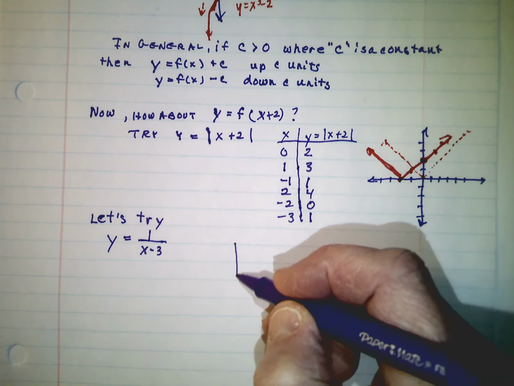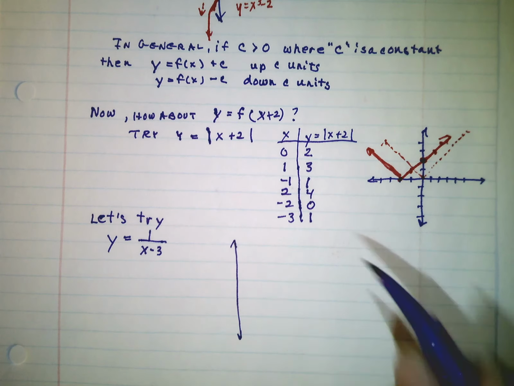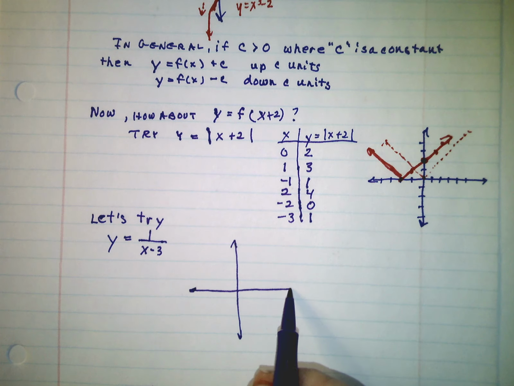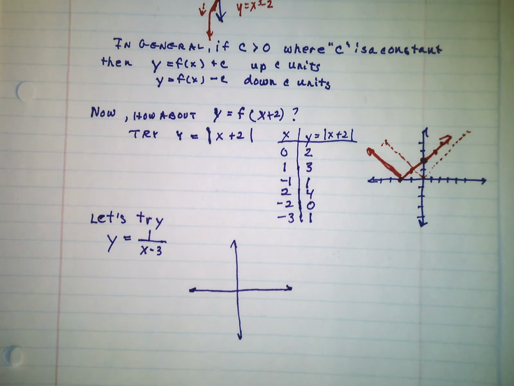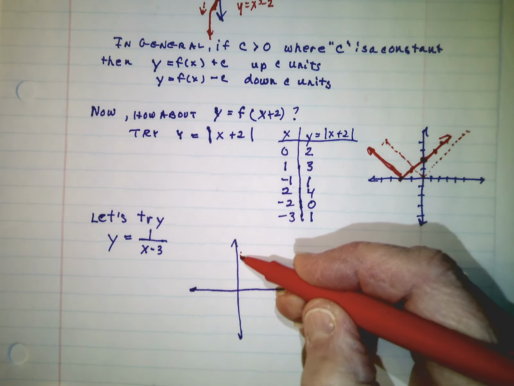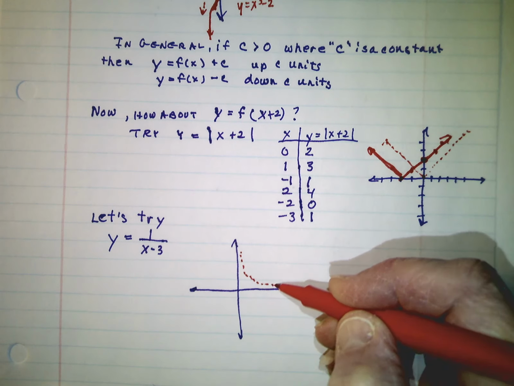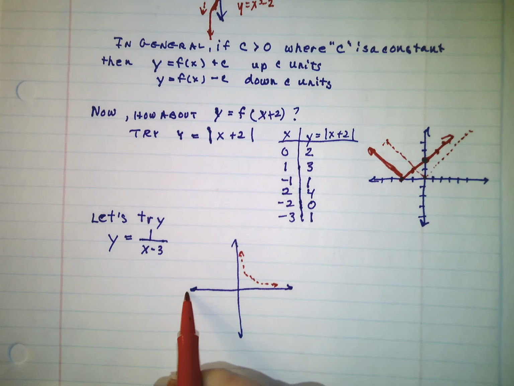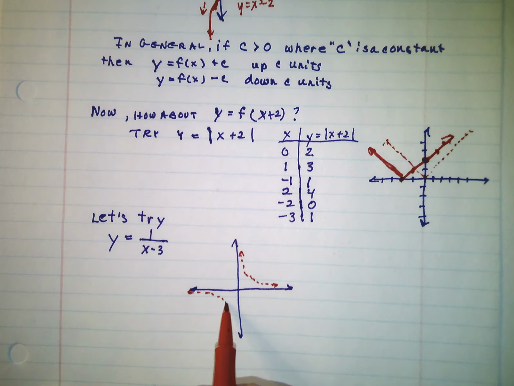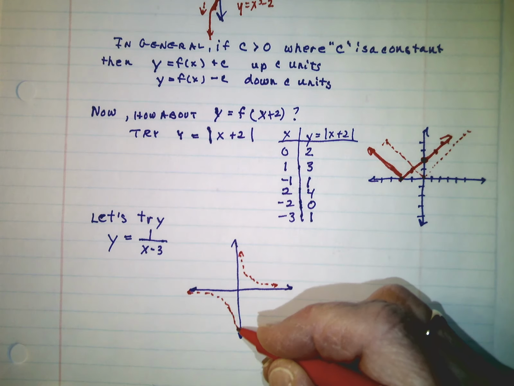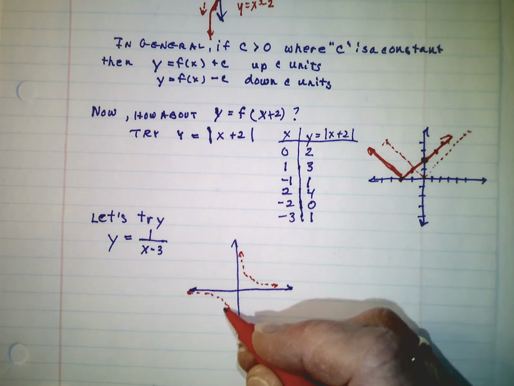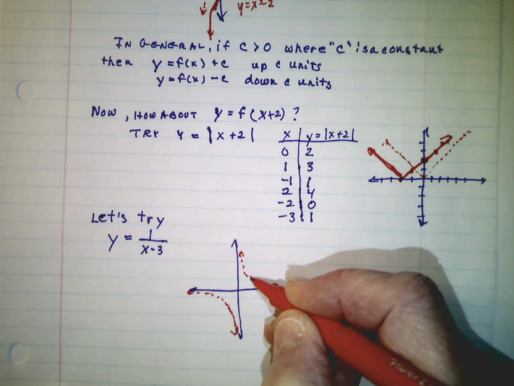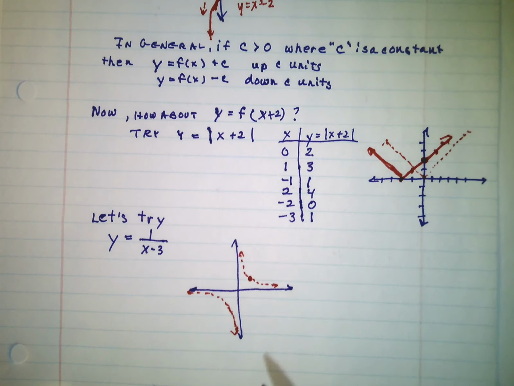So in the reciprocal graph, the parent function looks sort of like this. Got asymptotes at x equals 0 and at y equals 0. And if I'd done this right, there should be a point right here at 1, 1.